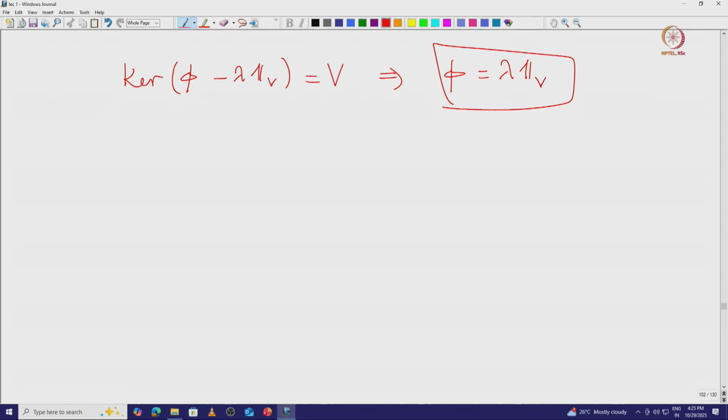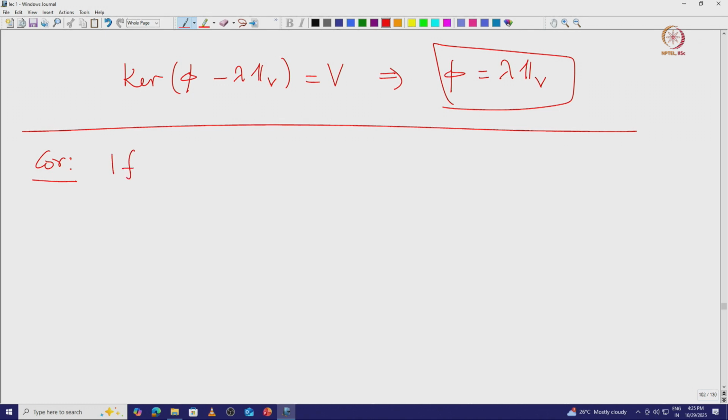So, this proves that the set of homomorphisms that commute with the action of A can have exactly dimension 1. Now, we can write this as a corollary. If A is commutative, that means the multiplication is commutative, then every irreducible representation of A must be one dimensional.